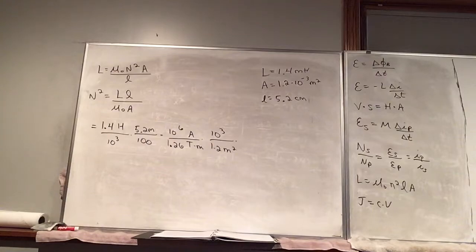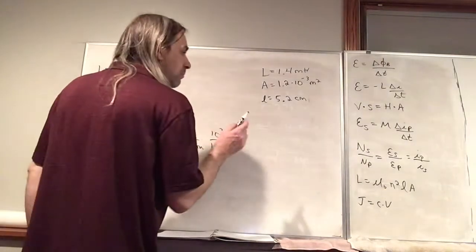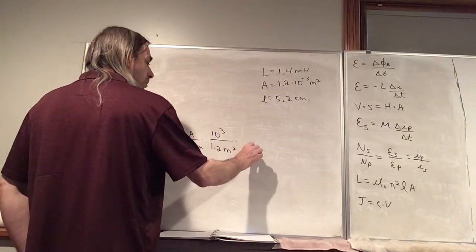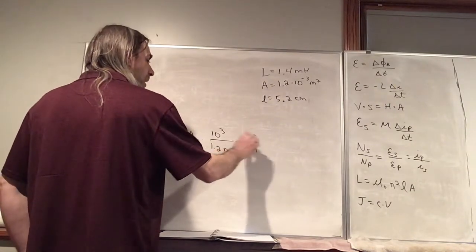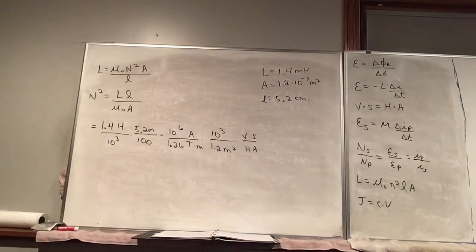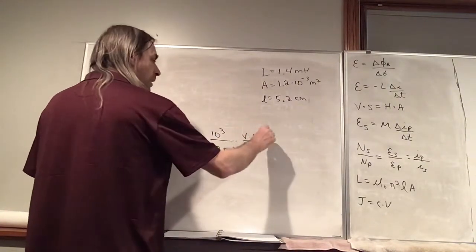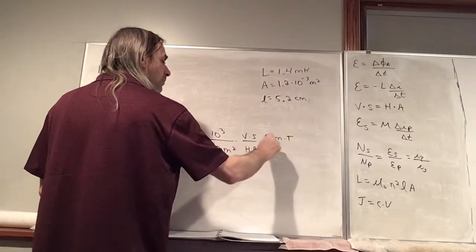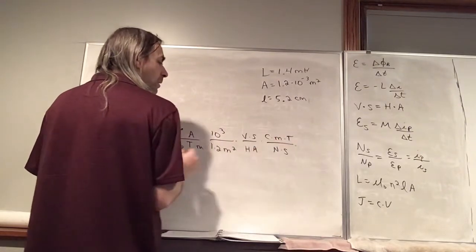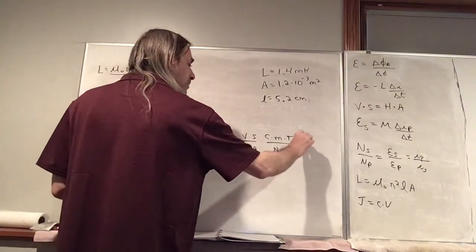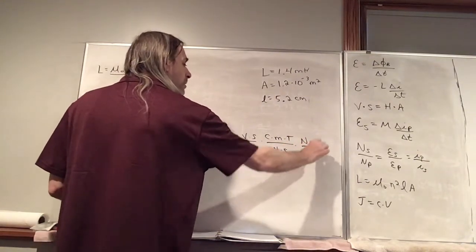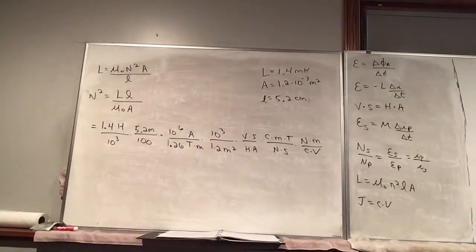So now we need our conversion factors. A henry times an amp is a volt times a second. We want to get all these units to cancel out, actually. We want to get rid of Teslas. So a Newton times a second is a Coulomb meter Tesla, and a Newton times a meter is a Coulomb times a volt. So same conversion factors we used last time.